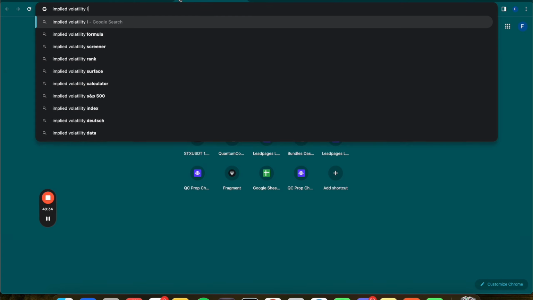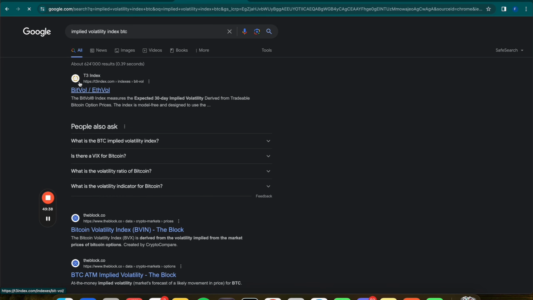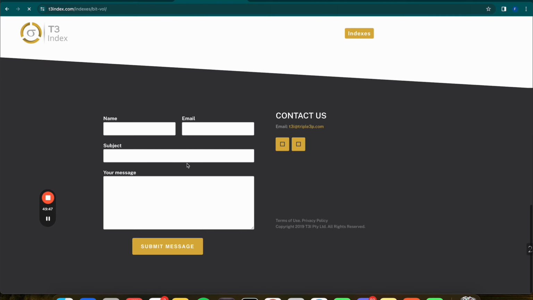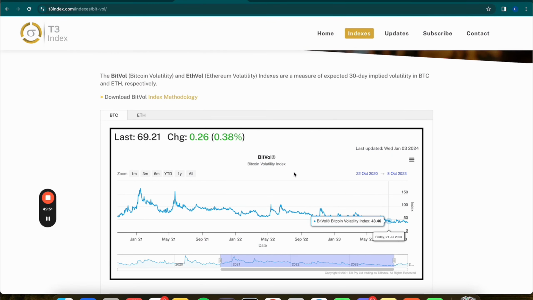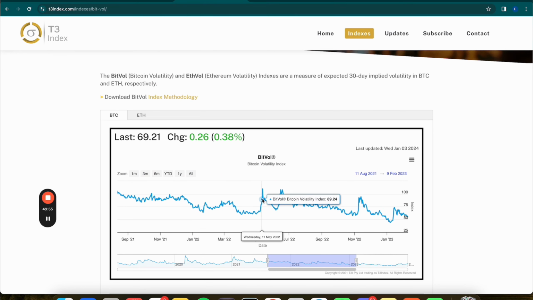Implied volatility index BTC. I think it's this one. There we go. Right, so here's the implied volatility. This is an index where people bet on the volatility that's most likely to happen.